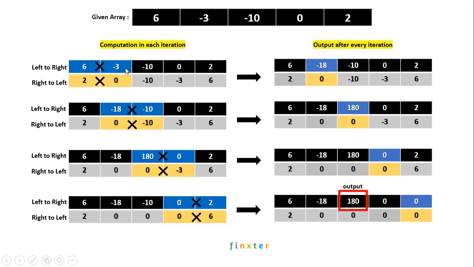Once we get the result of the multiplication, we simply store the result within the current index in each array. Once this is done, you repeat this process until you reach the end of the iteration.